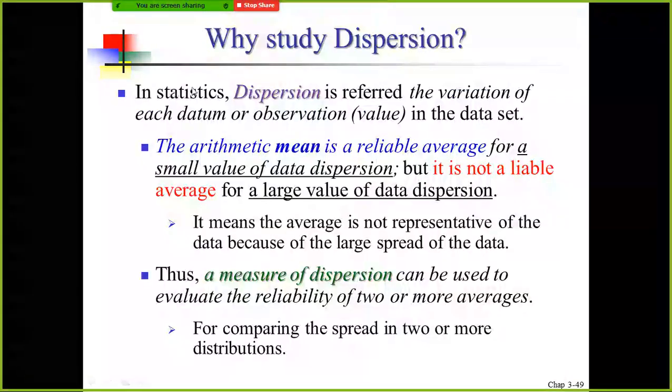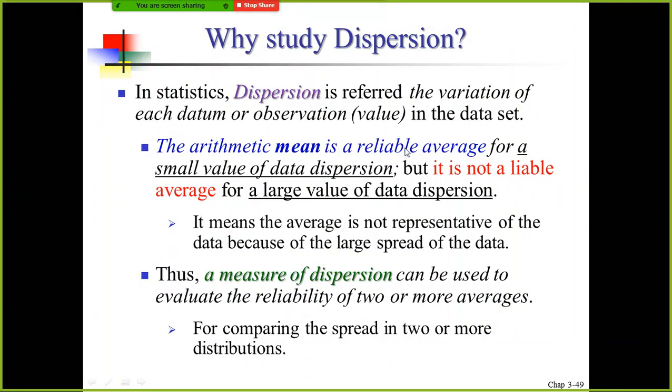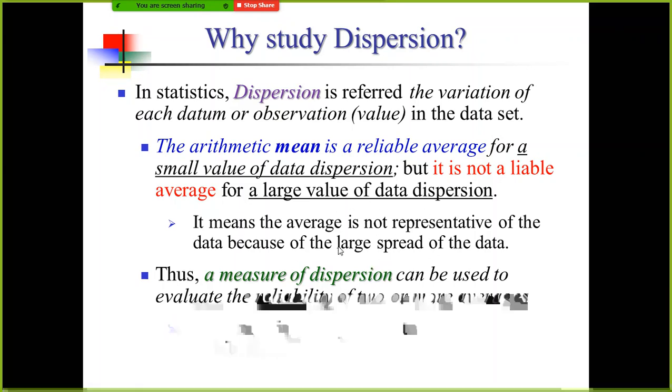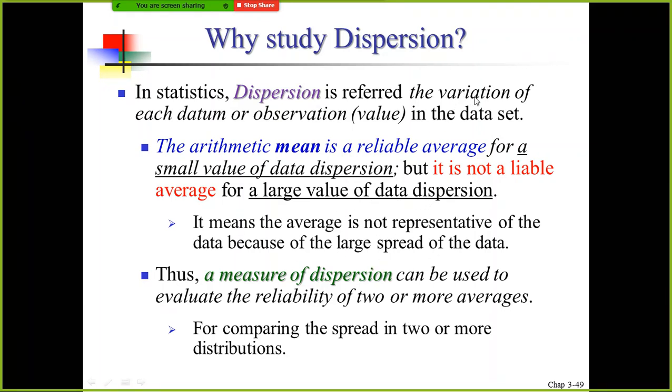Now, this is the reason why we need to study dispersion, because we want to understand the variation. Is it a big, large variation, or is it a small variation?